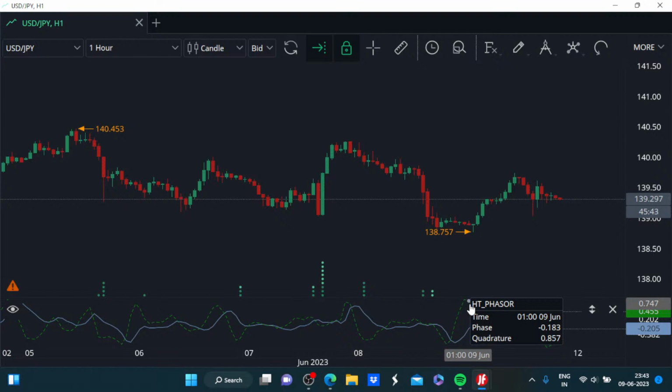These two output values should be pretty close to one another, and moving in a similar direction. And when we see the in-phase component and the quadrature component moving upwards with very little gap, then that is indicative of bullish momentum.